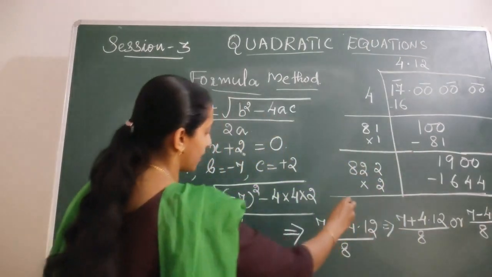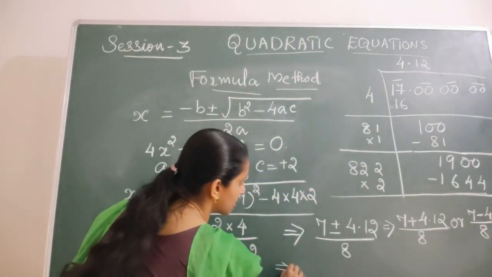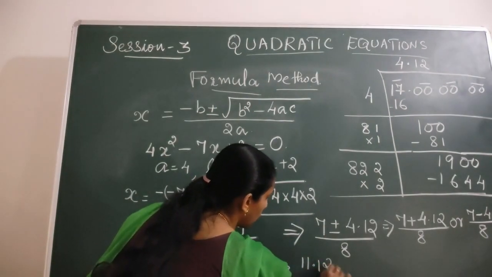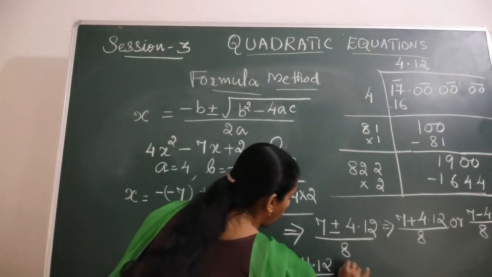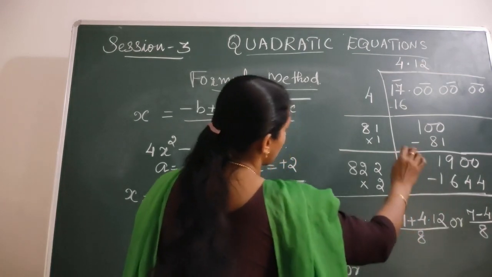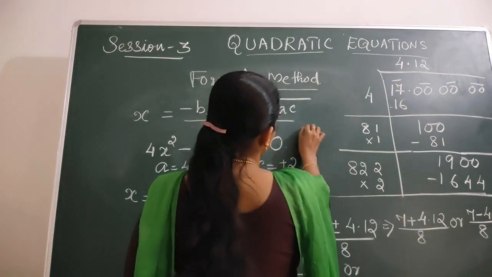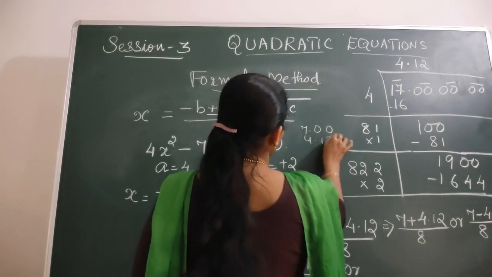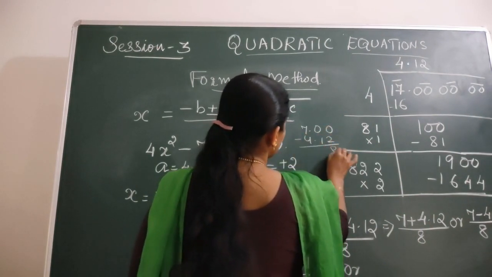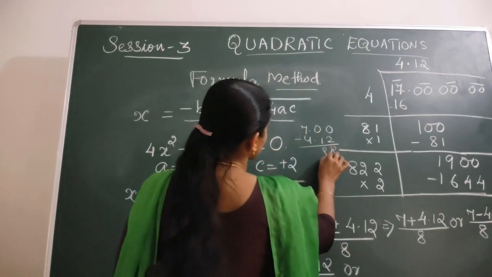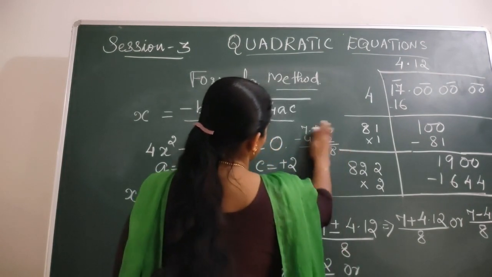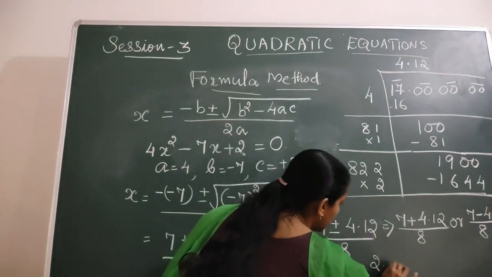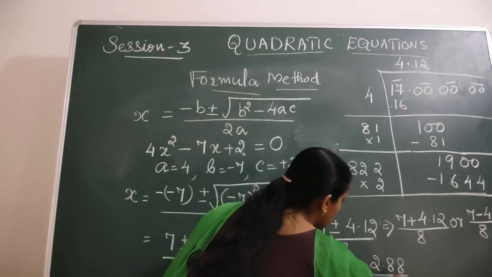Then you will simplify that. That gives us 7 plus 4.12, which is 11.12 upon 8, or 7.00 minus 4.12, which if you subtract gives 2.88. So 2.88 upon 8.